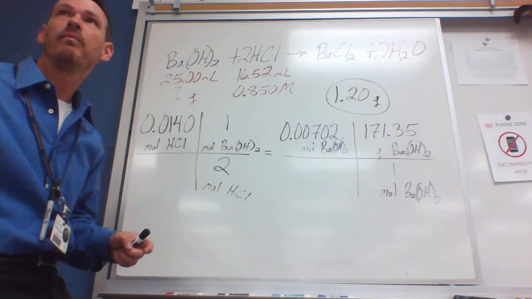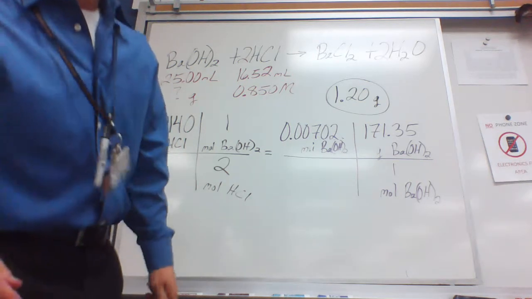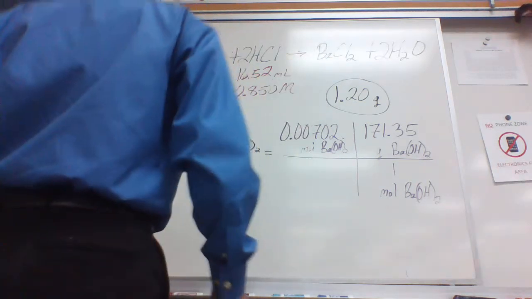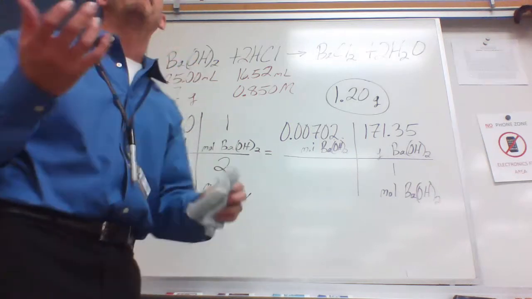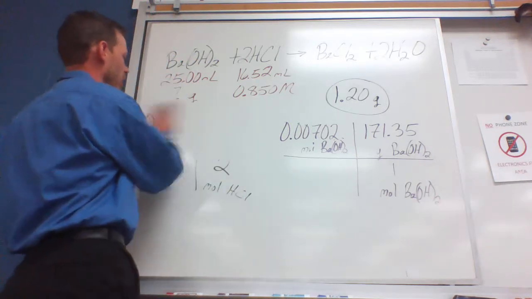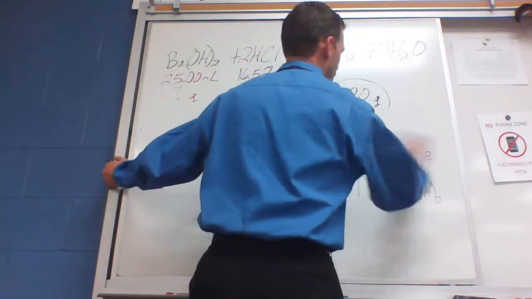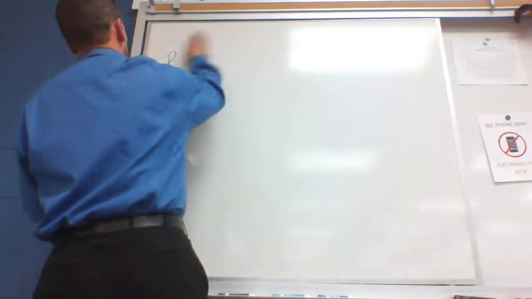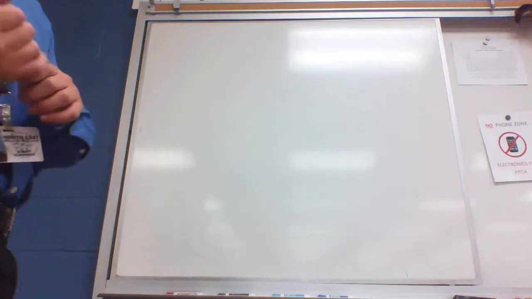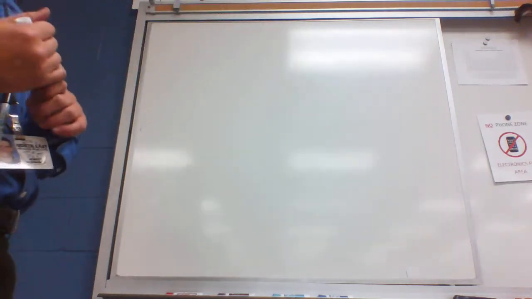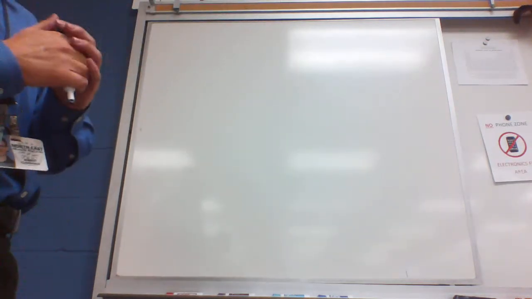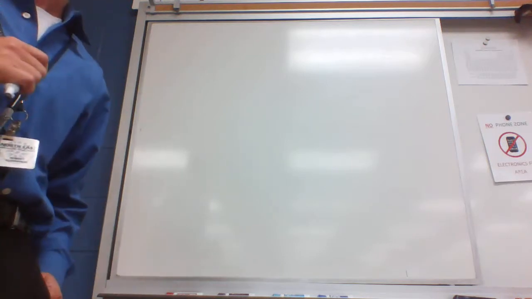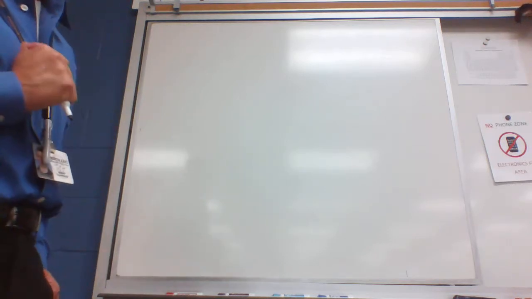Getting better at this, by the way. All right, so here's a think about your answer question, but the work is far shorter. So we're doing a titration here, but we've got all the information on both of the reactants.